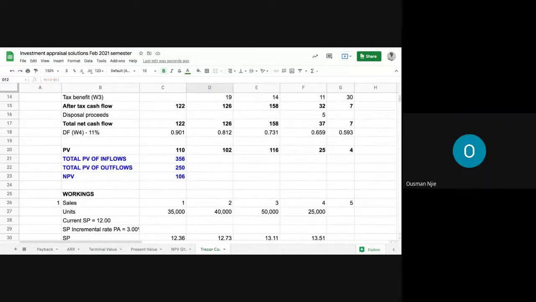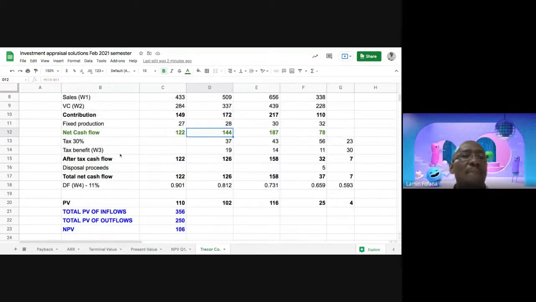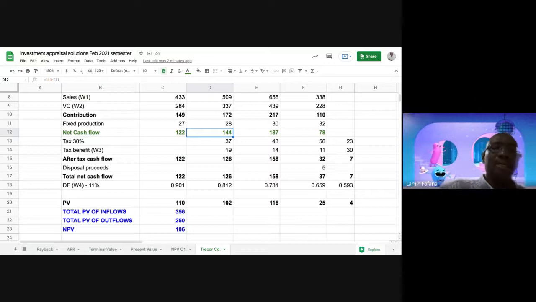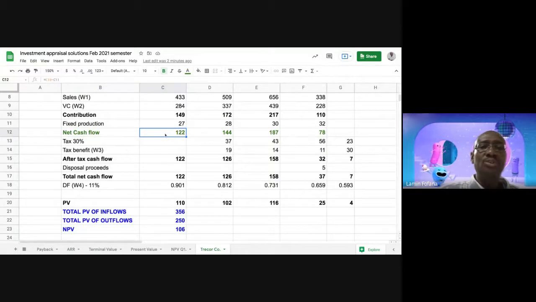The B part, I've already answered it. We told you that you're going to use the before tax cash flow. I've already highlighted it green here. That's what you're going to use.